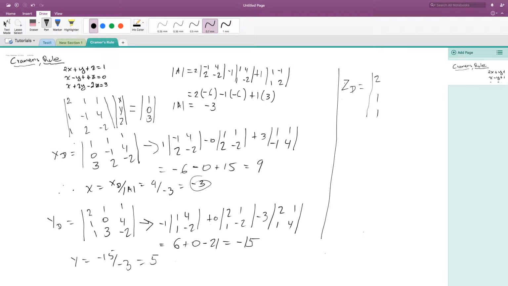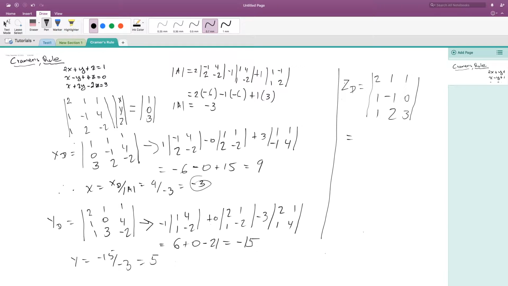The second one will also remain the same, 1, -1, 2, and then this time we'll change the third column and sub it with 1, 0, 3. Here 1, 0, 3. Okay, now I'm going to find the determinant here.